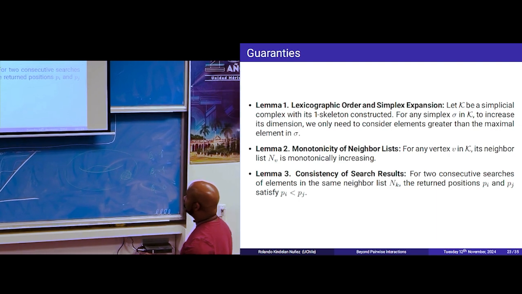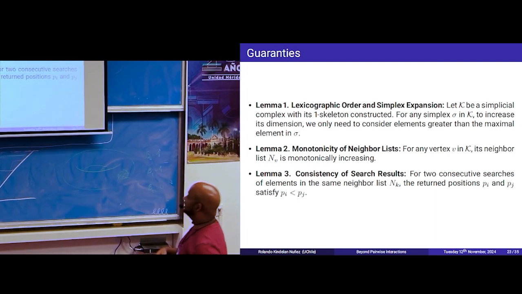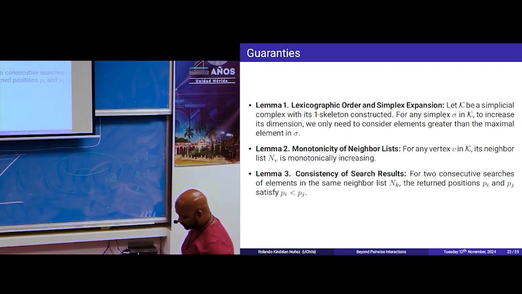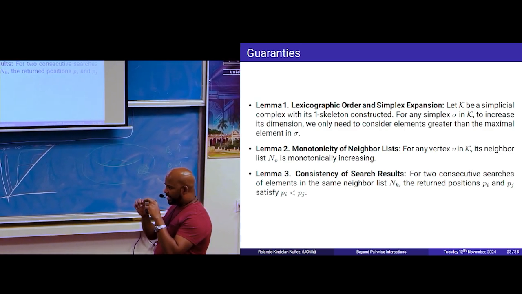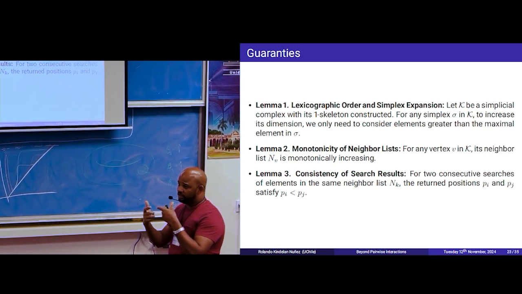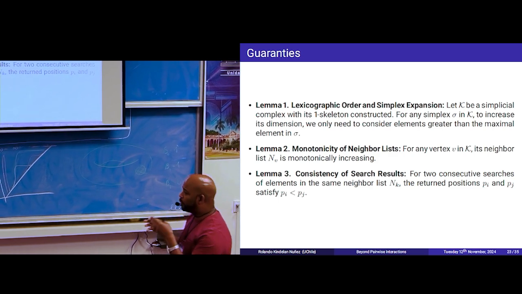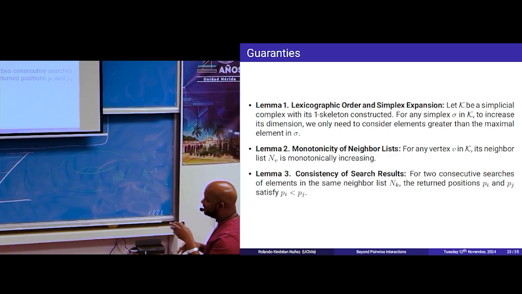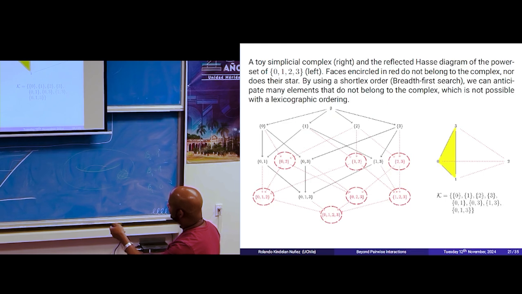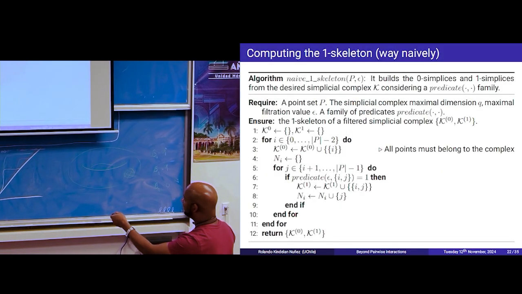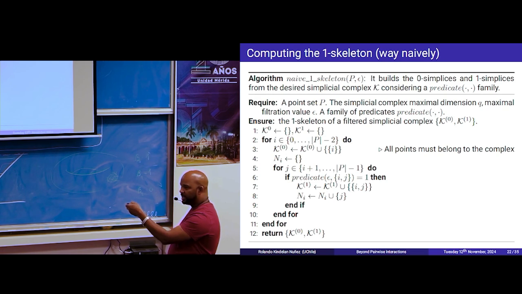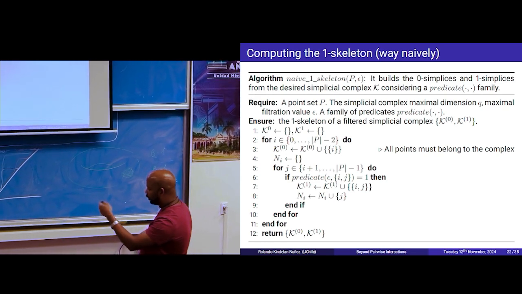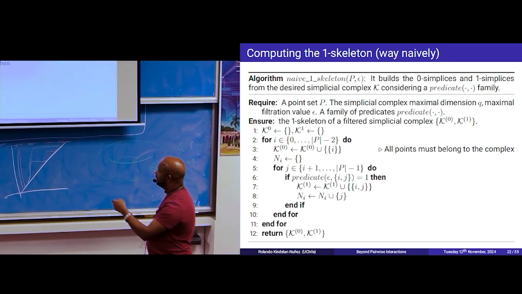The first one is the lexicographic order and the simplest expansion. Because we configure those 2 cycles considering y higher than x, this condition guarantees a lexicographic ordering in the one skeleton.